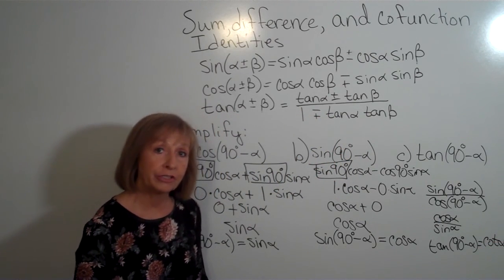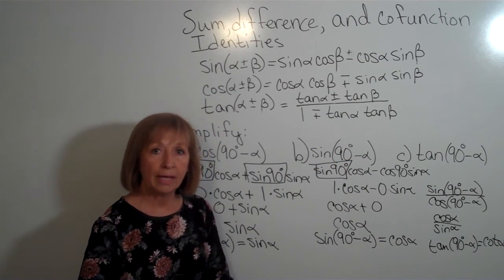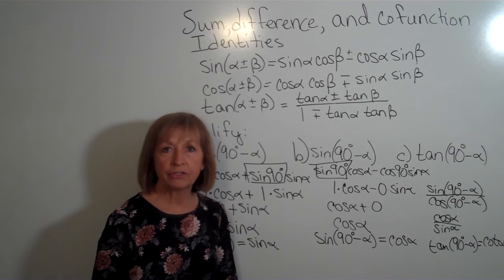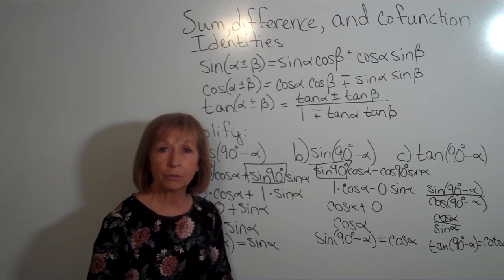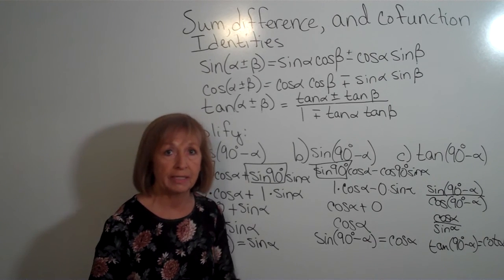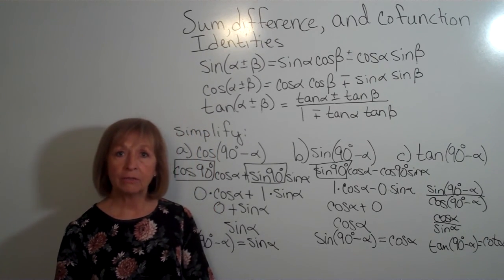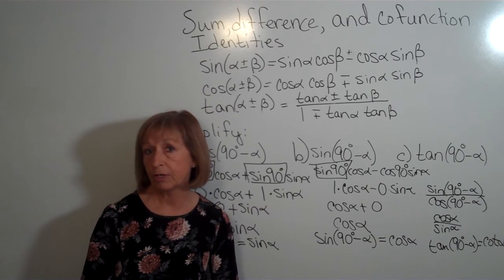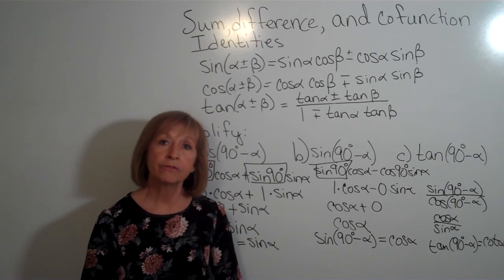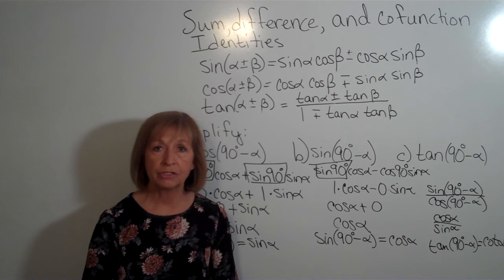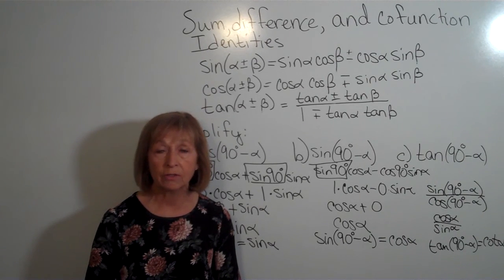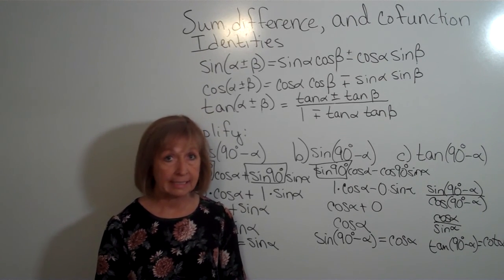Again, those cofunctions are telling you that the trig functions of the cofunctions will be equivalent for the complementary angle. So hopefully this has been helpful in order to help you get to where you can make replacements of trig functions acting on additions of two angles, subtraction of two angles, or your cofunction ideas.